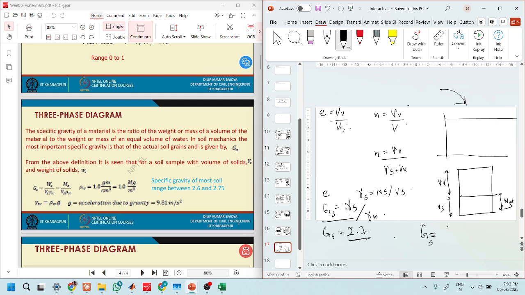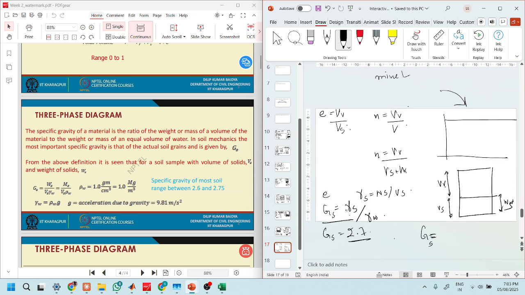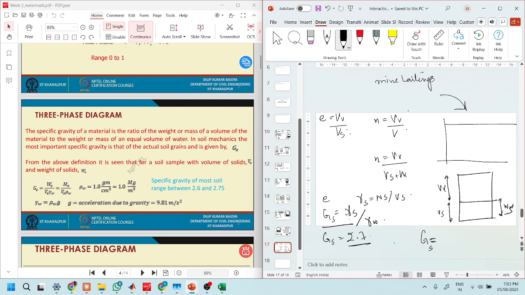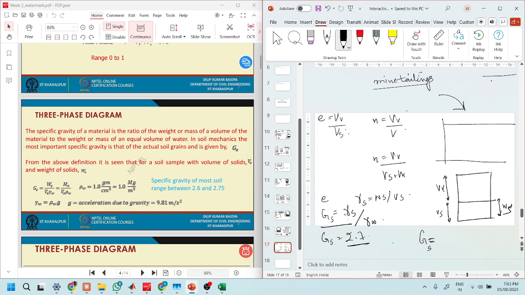Take specific gravity of particular materials like mine tailings. For example, we extract some metals like iron and copper, which are found in open pits, mixed with the soil.